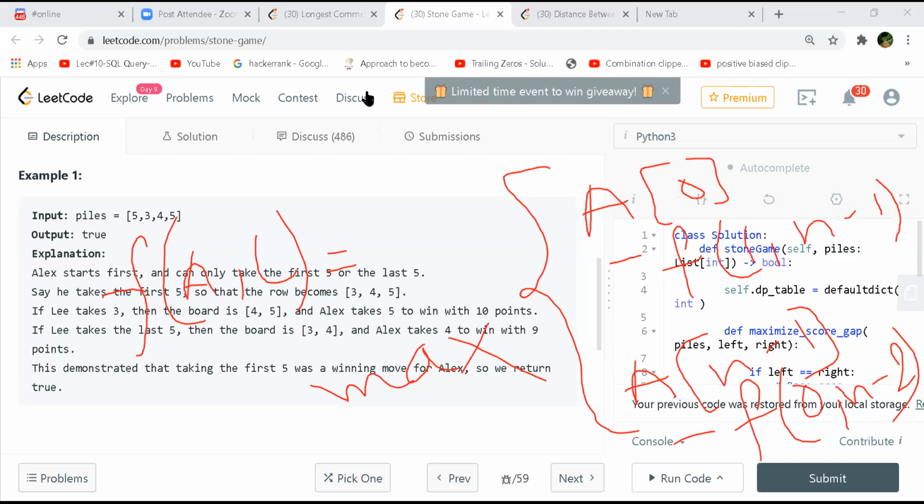Anyway, this is not a probability sum, so we just have to return true or false in this case. But minus won't be the right way to do it, right? For that minimum, see, Alex took the points, so these many points will be subtracted because now it's the other fellow's chance.